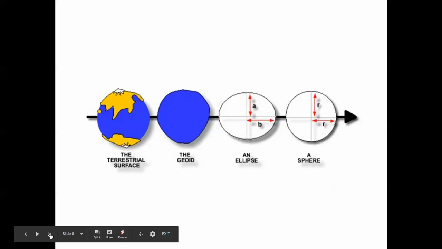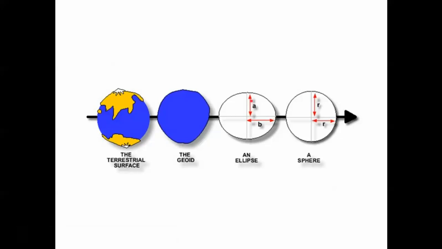Our ellipsoid has a wider, bigger equatorial radius than it does polar radius, and we call this the semi-major axis, and this the semi-minor axis. And then we have a sphere where the radius in both directions is equal.